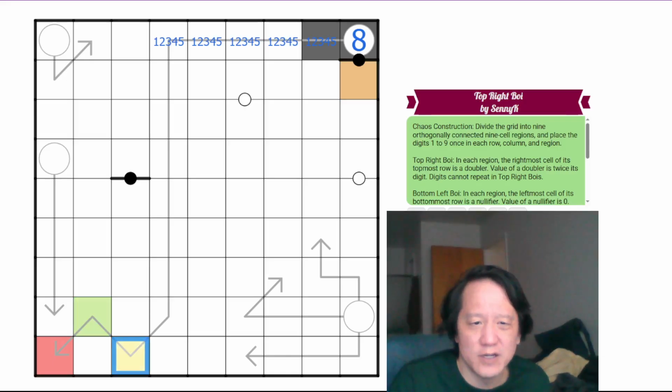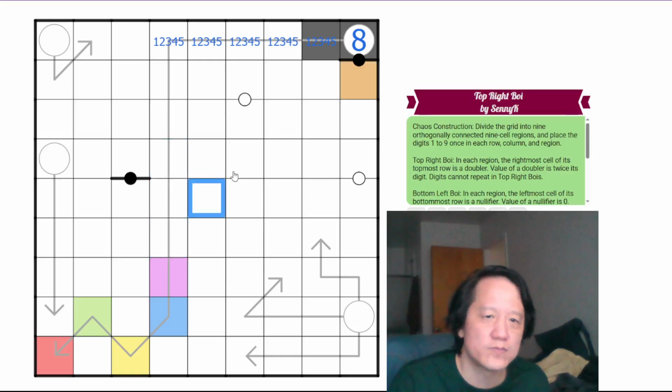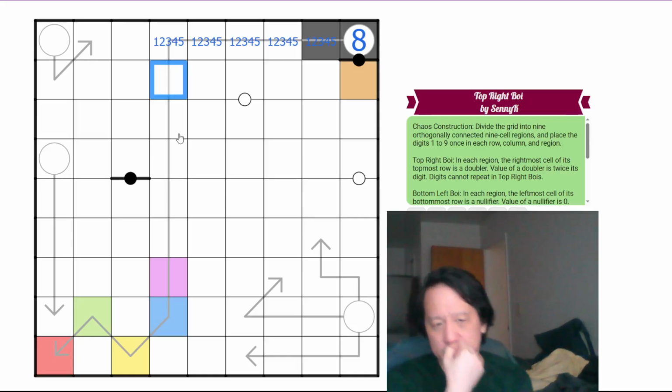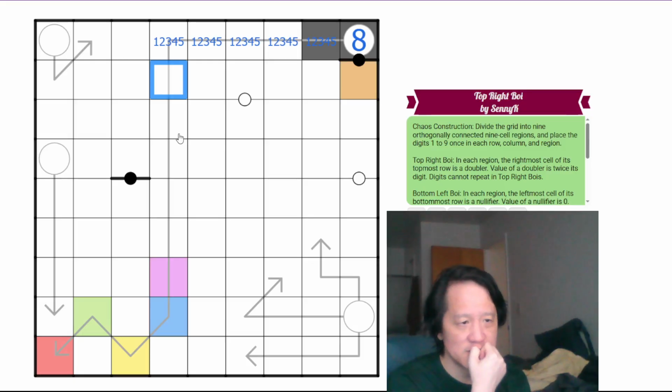We have green, yellow. Can make that blue, orange, or not orange, pink. I don't know what these are. Right?